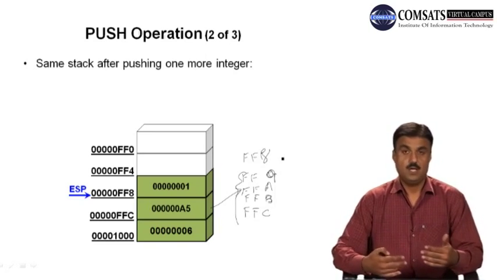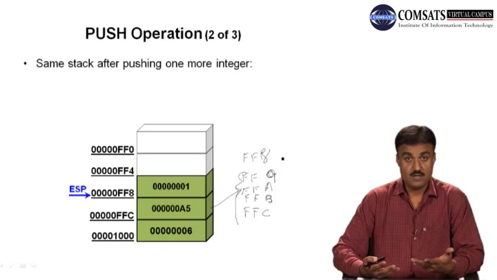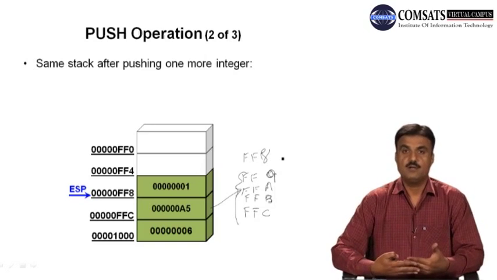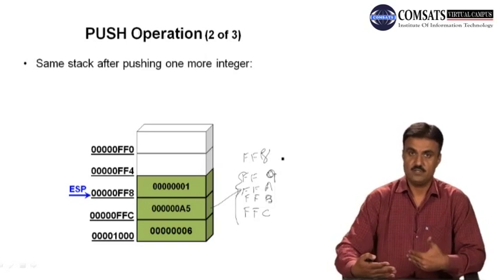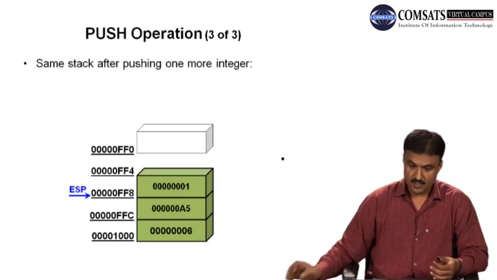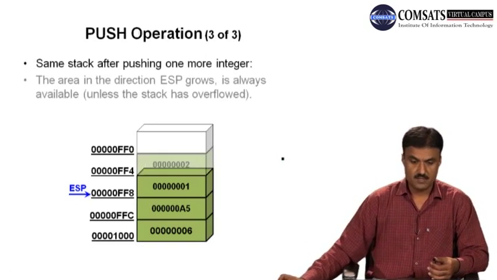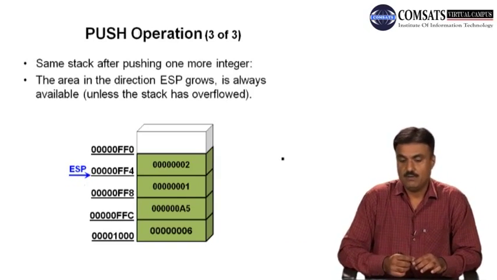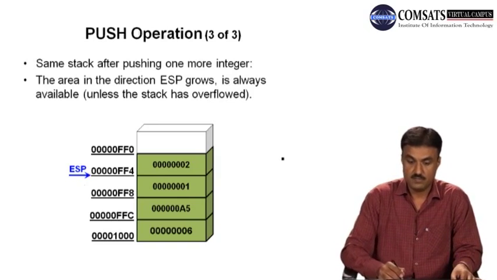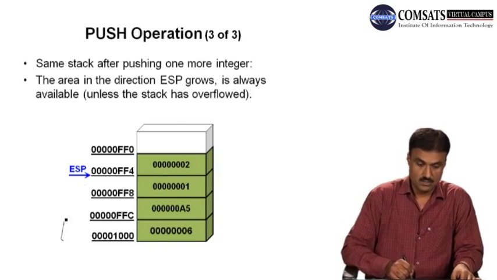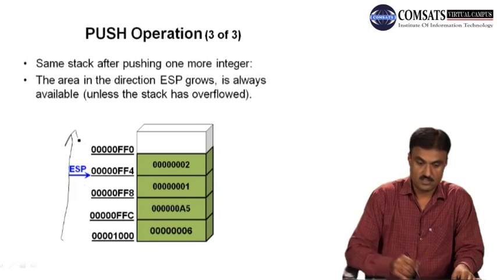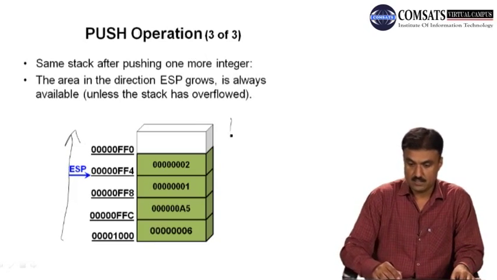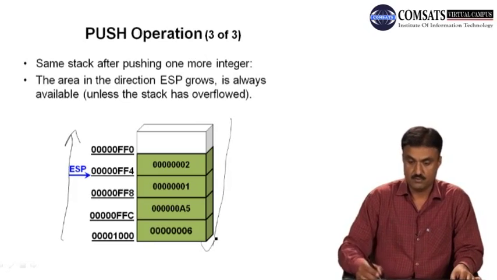So when you add new 32-bit, or 4-byte, values, the stack pointer is decremented by 4, and the new value is added. If we add another element, the same thing happens when we push two more times. So the area in the direction of ESP growth is always available, unless the stack has overflowed. Here you can see this is the growing direction of the stack, and this is the direction in which memory grows.